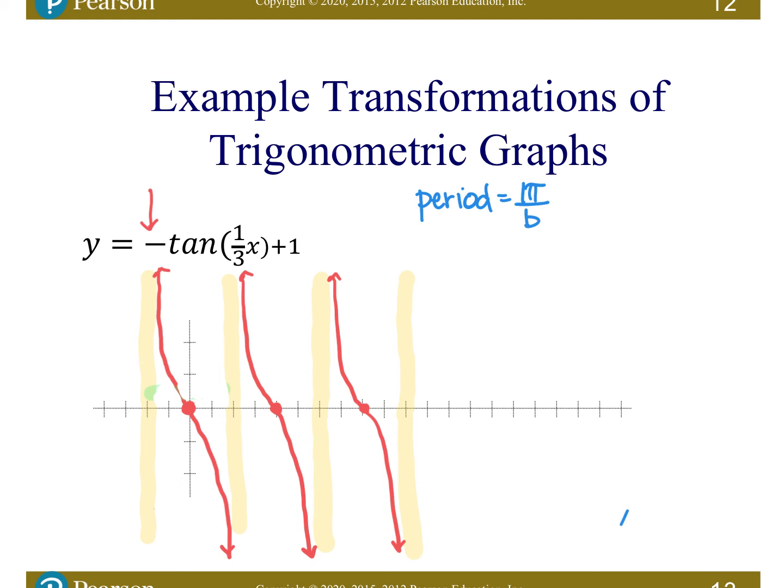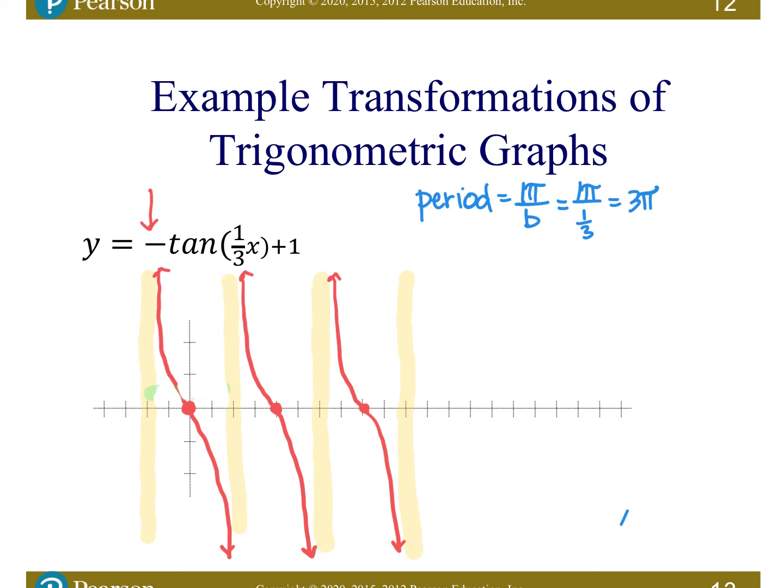That's for tangent and cotangent. So this will be 1 pi divided by 1/3, in other words, 3 pi. So that's my period. That means the measurement between all the asymptotes has to be 3 pi. The measurement between all of the x-intercepts has to be 3 pi. Everything continues to be 3 pi.